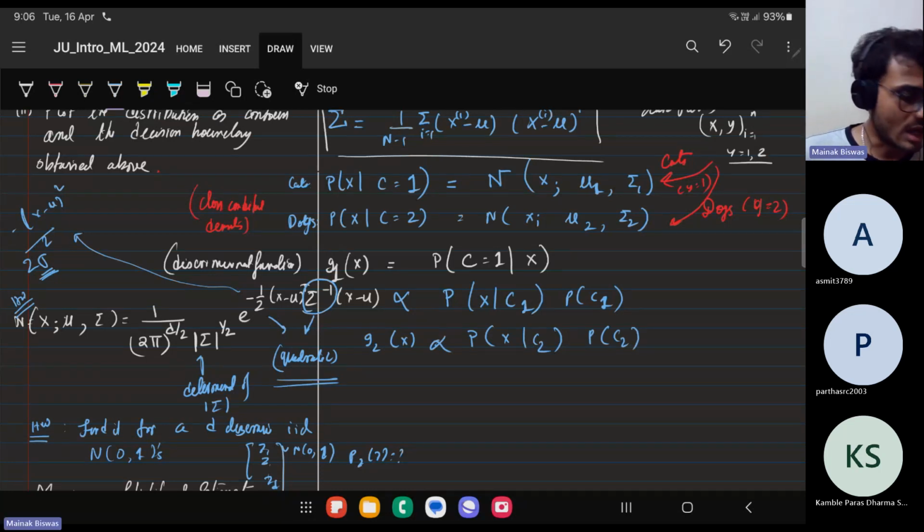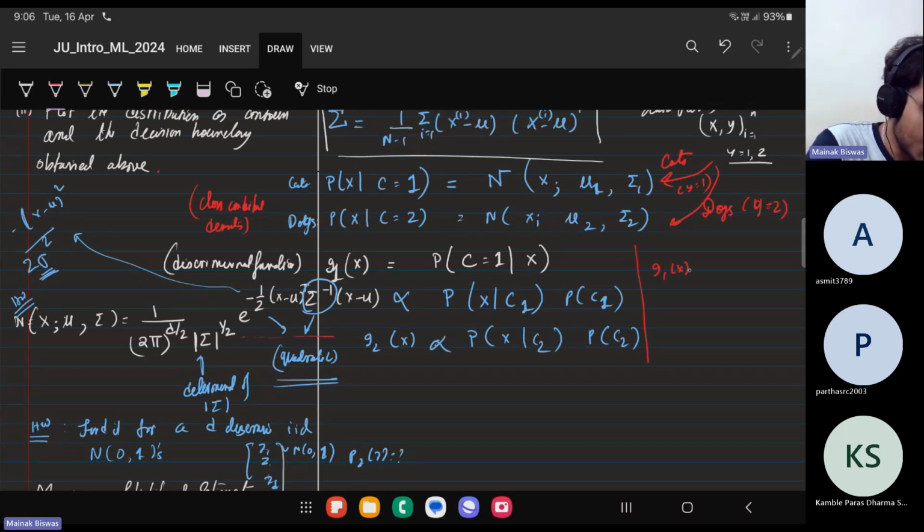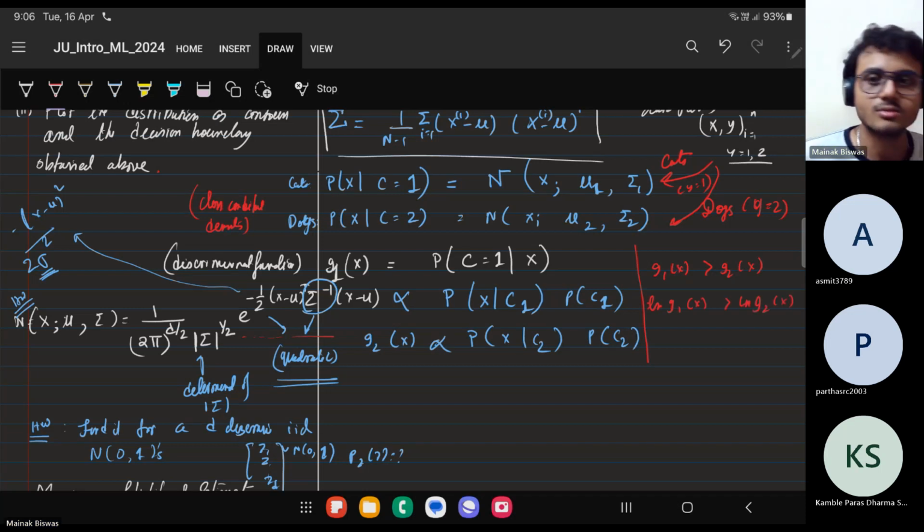Since you see exponents over here now, what is easy to do? If g1 of x is greater than g2 of x, do you see log of g1 of x is also greater than log of g2 of x?